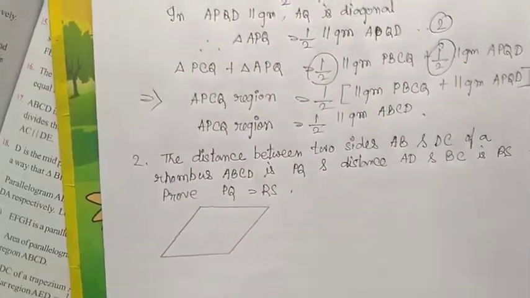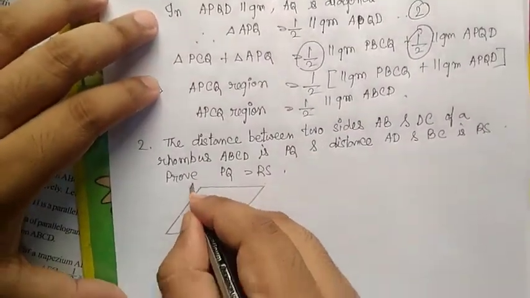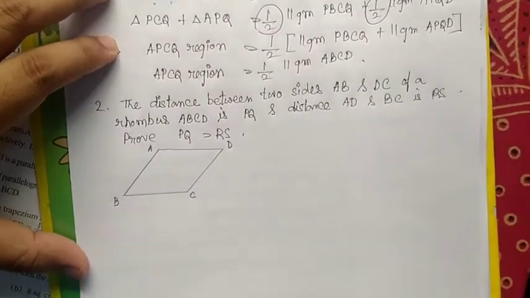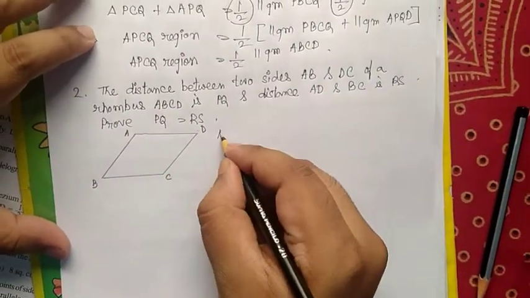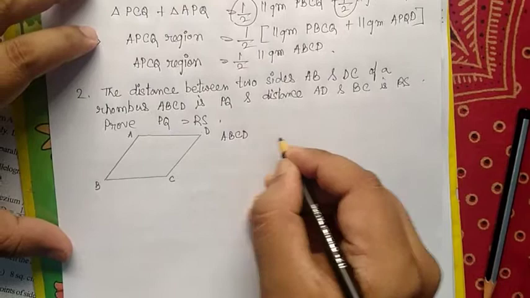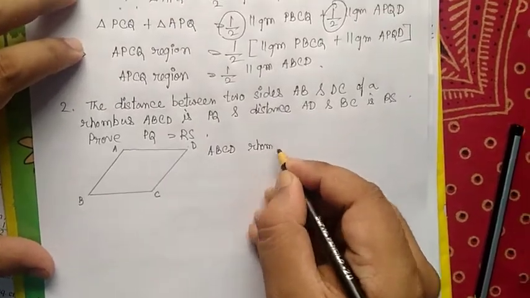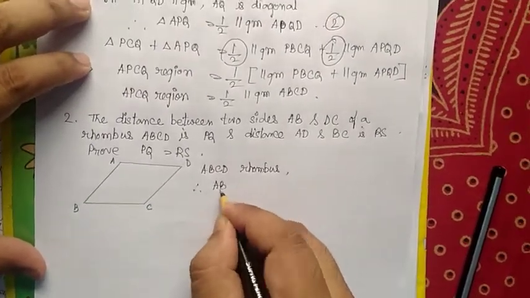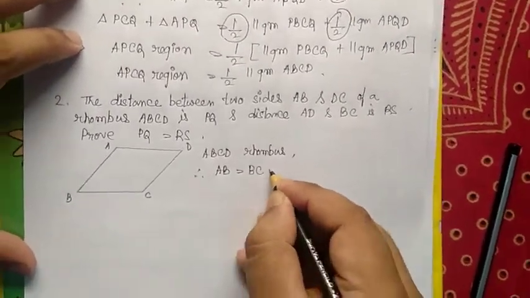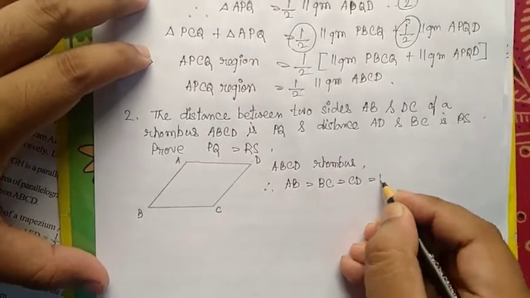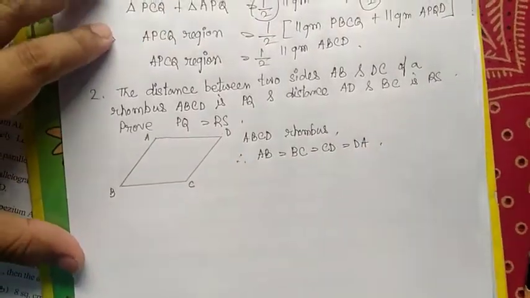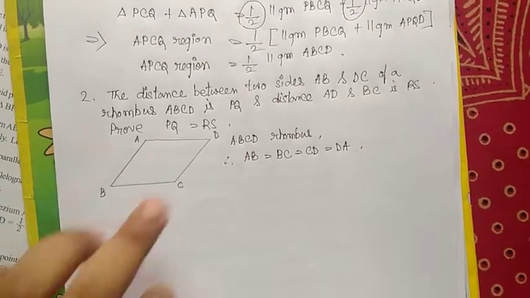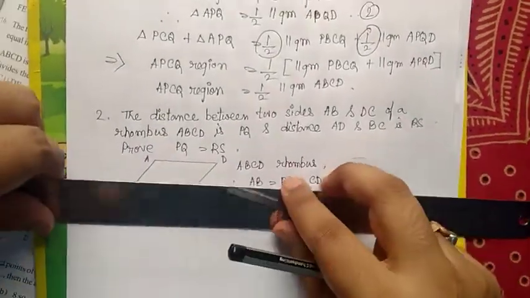This is rhombus ABCD. First we have to write: ABCD is a rhombus. So all four sides are equal: AB equals BC equals CD equals DA. Now the question says the distance between two sides AB and DC of the rhombus is PQ.